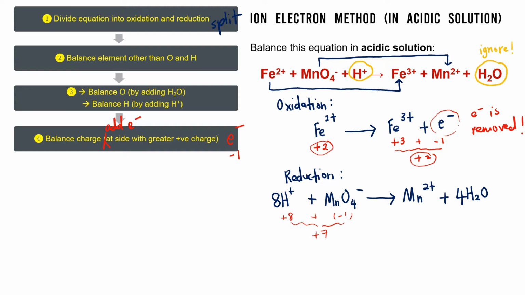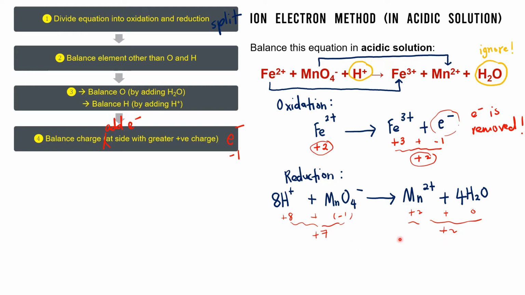So on the right side of the equation, we have plus 2 here, tambah dengan 4 times 0, so 0 lah. Here we have plus 2. Now we have plus 7 di sebelah kiri dan plus 2 di sebelah kanan. So definitely they are imbalanced, tidak balance.